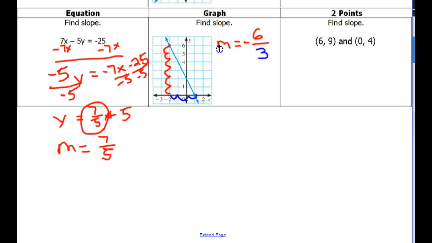Now we can simplify it, negative 6 over 3 to just m equals negative 2 because we divided each by 3, which would give us negative 2 over 1, or just m equals negative 2.